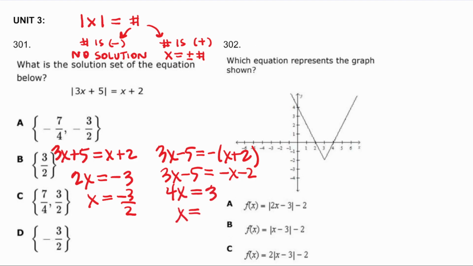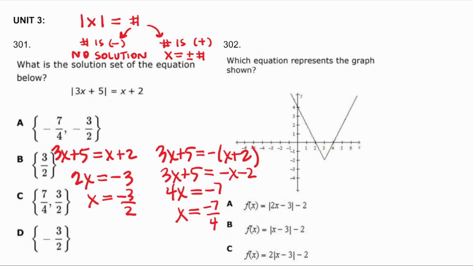And then x is going to be, wait, something bad just happened here. Let me just, oh, I miscopied 3x plus 5. So then when I subtract 2, I'm going to get 4x equals negative 7, and x is negative 7/4.